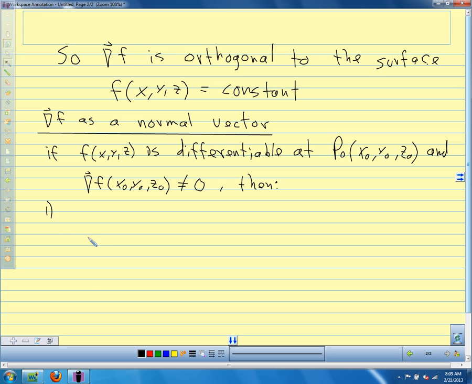One, del f at our point is a normal vector to our function, to f, to our surface at our particular point.